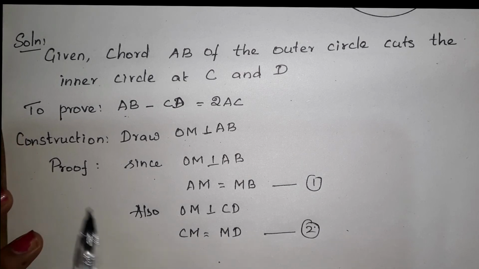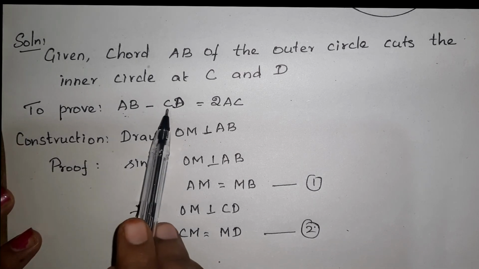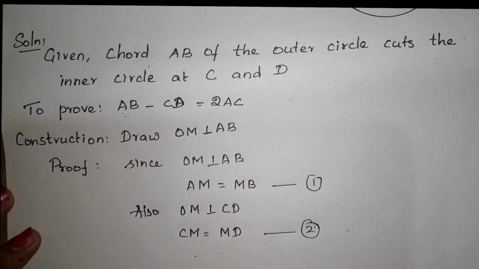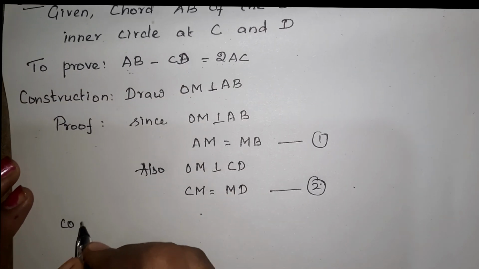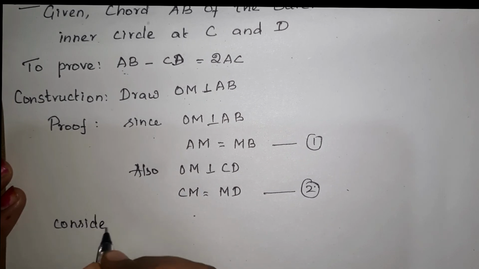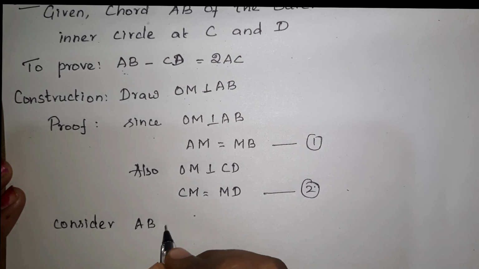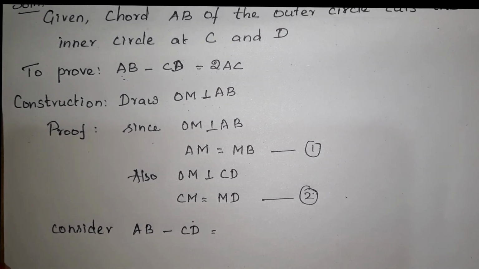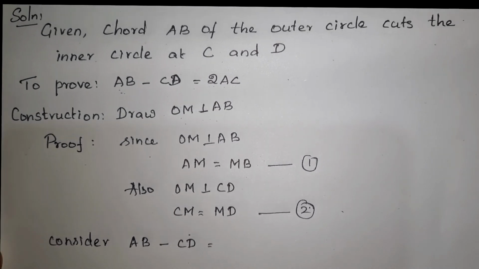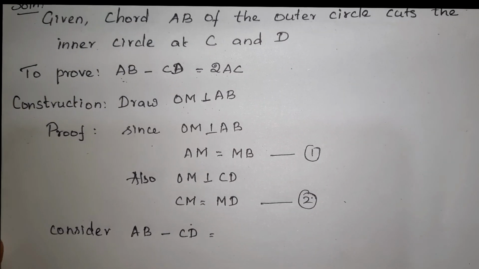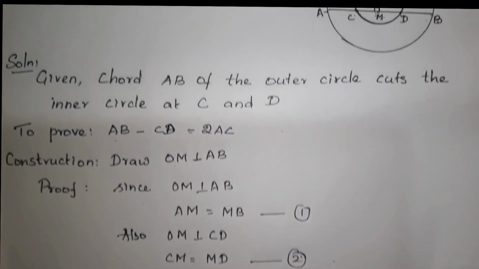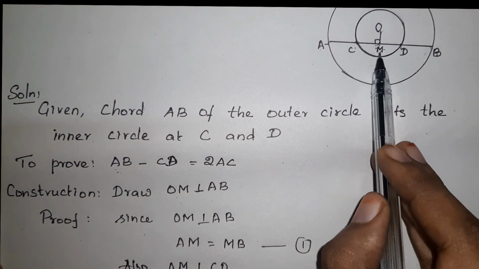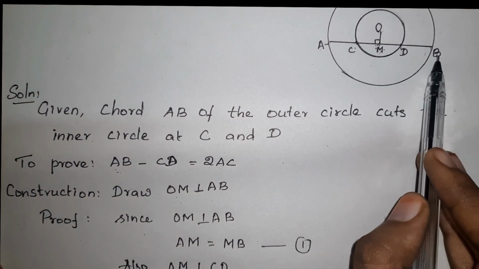Okay. We have to prove this: AB minus CD equal to 2AC. For that, I can take the left hand side now. Consider AB minus CD equal to. Okay. We can apply the values using that midpoint. See this AB value, how to write, listen carefully. This AB value I can write as AM plus MB, using the midpoint.